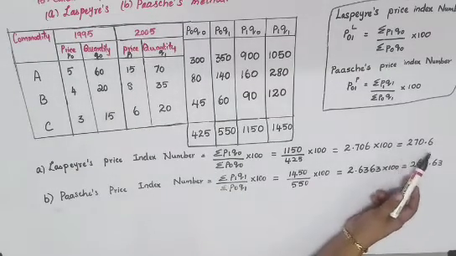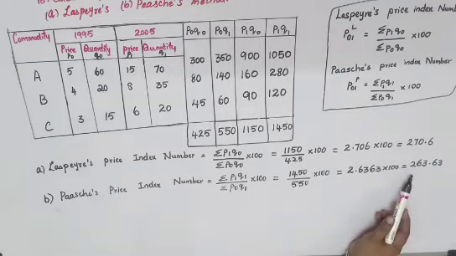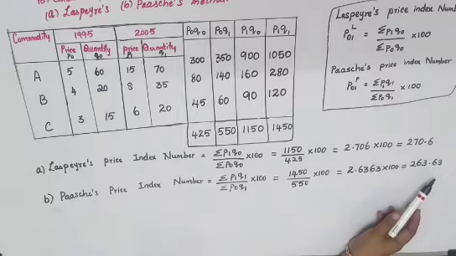Here the increase is 170.6%, and for Paasche's the increase is 163.63%.